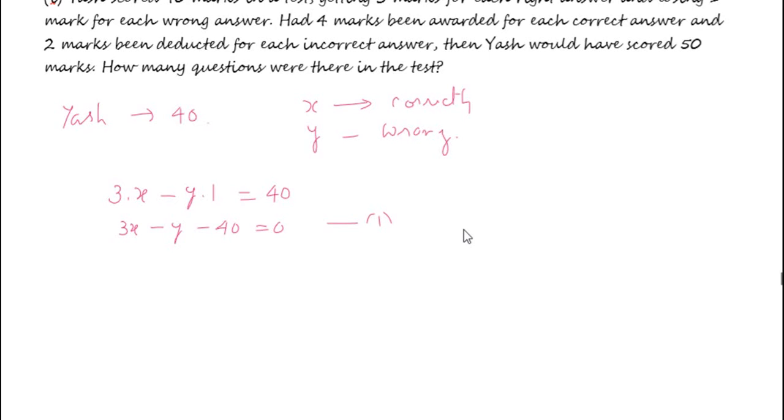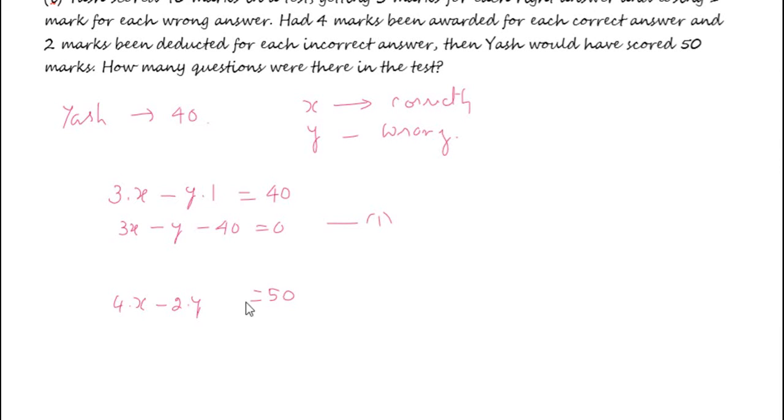Now equation 2. Had 4 marks been awarded for each correct answer and 2 marks been deducted for each incorrect answer, then Yash would have scored 50. That is 4 marks into the number of correct answers, then minus 2 marks for each wrong answer, that is 2 into y.